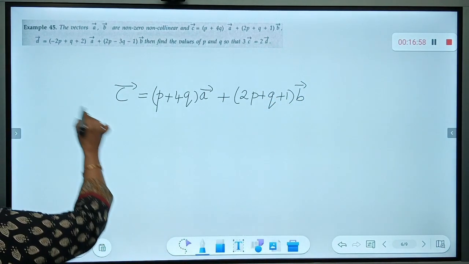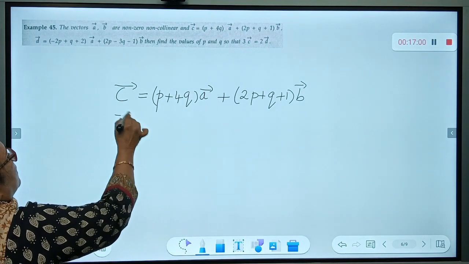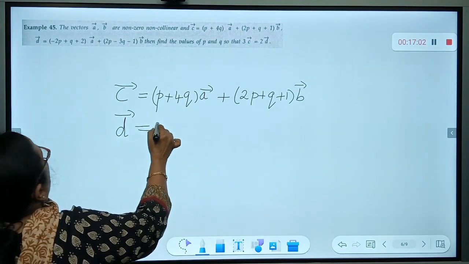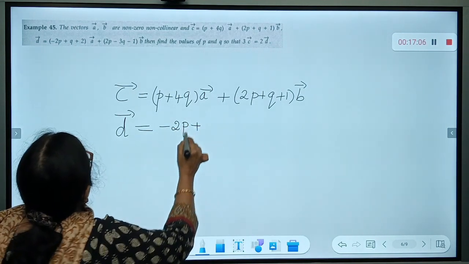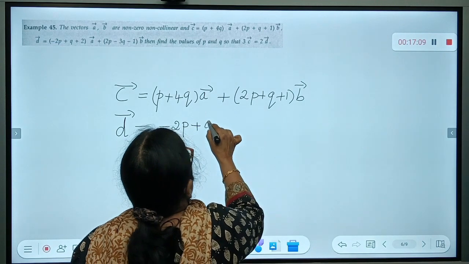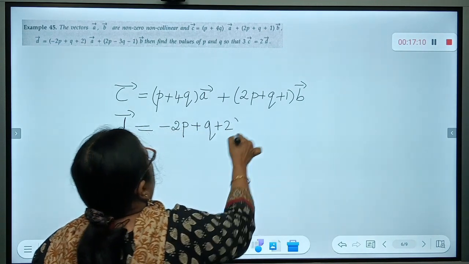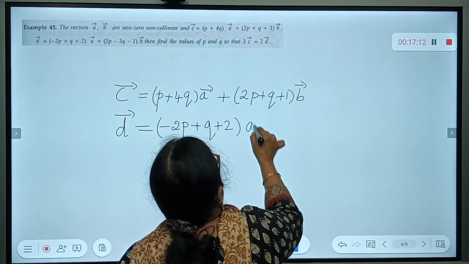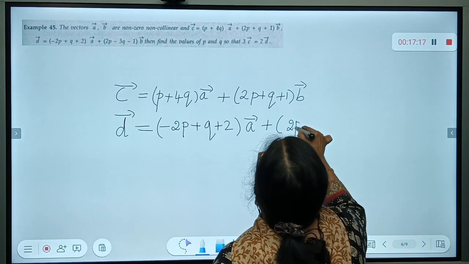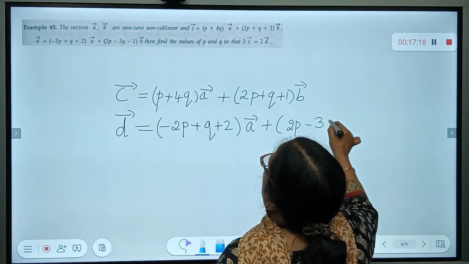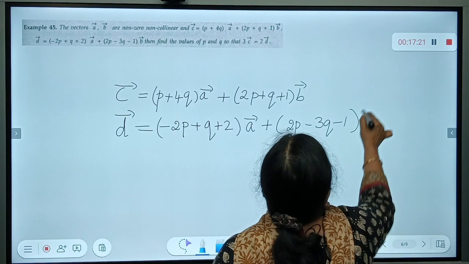Okay, and you are also given D vector to be equal to (minus 2p plus q plus 2) times A vector plus (2p minus 3q minus 1) times B vector.